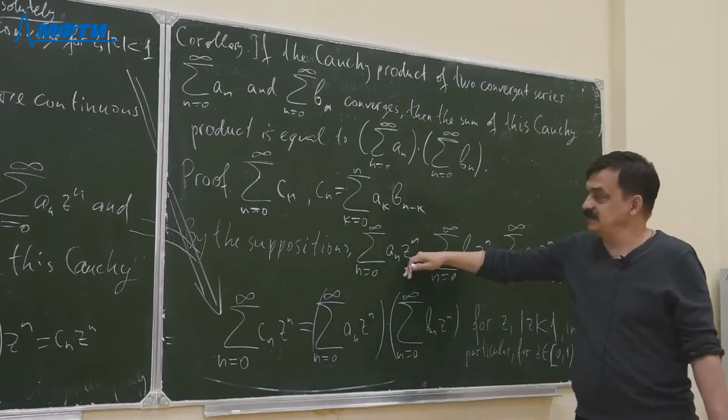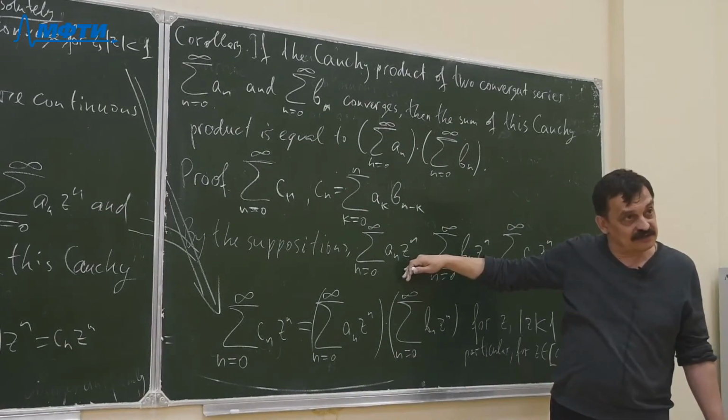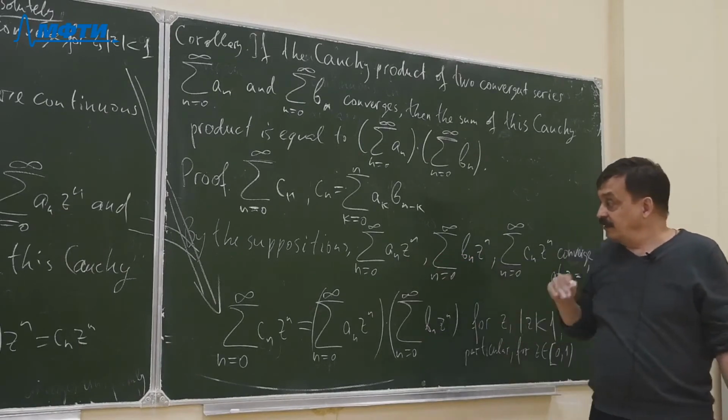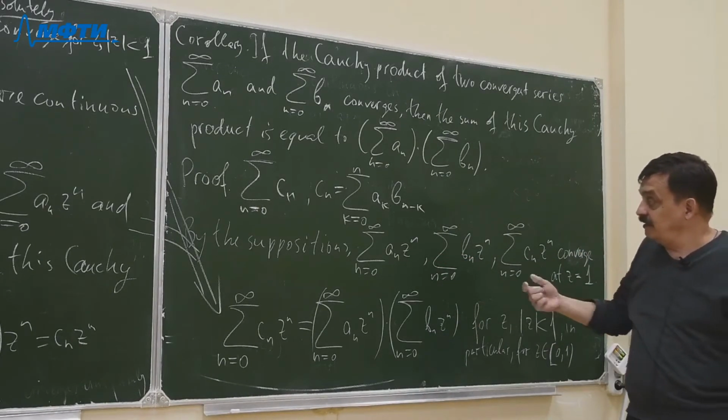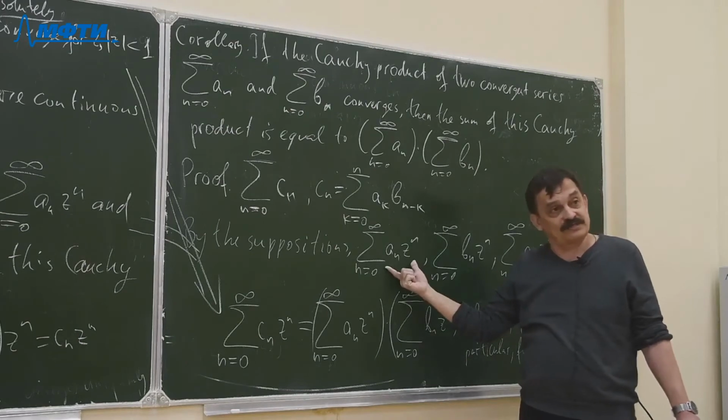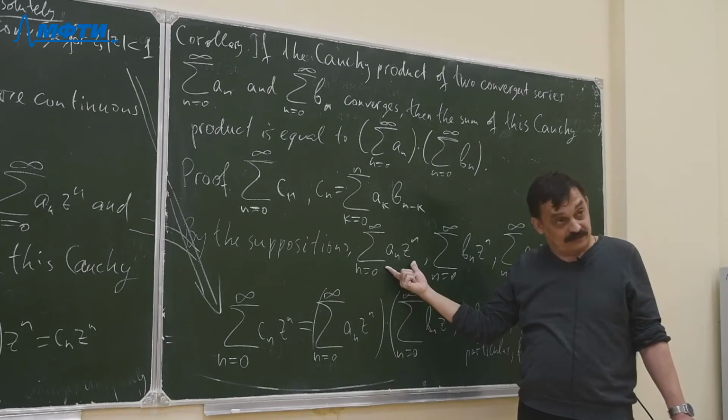We can consider such a power series, and if this power series has a radius of convergence 1, then what can we do?